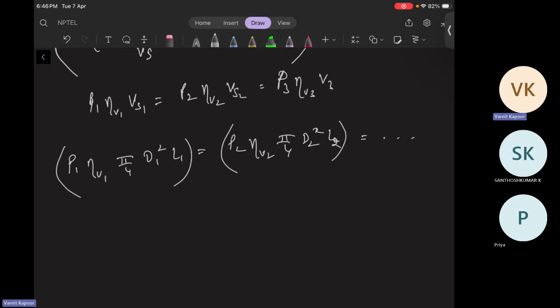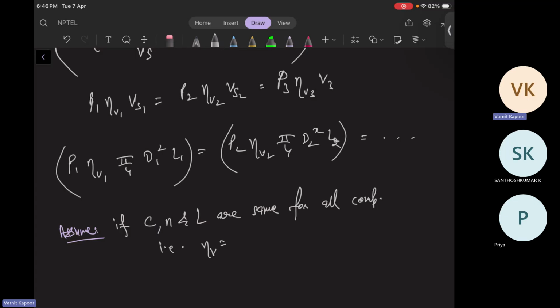So let us assume that C and N are the same, and C and L are the same for all compressors.